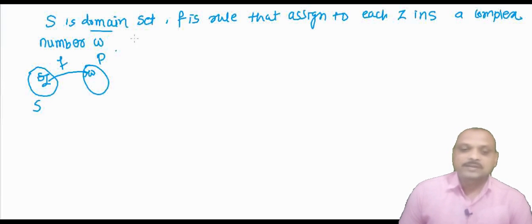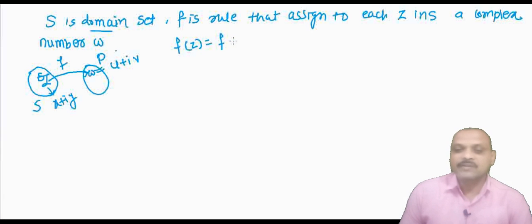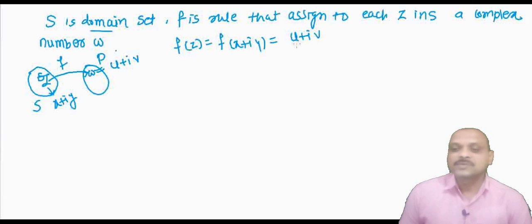So here we denote this W by the complex number U plus iV, and as usual we denote Z as X plus iY. Therefore f of Z, that means f of X plus iY, equals U plus iV. So this is the value of the function, which is again a complex number.